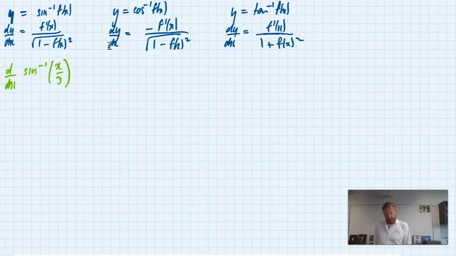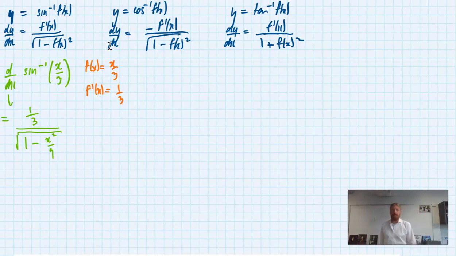Using that one up ahead, I know that f of x equals x on 3, so f dash x equals a third. Now I can use that, and this derivative equals f dash x, which is a third, on square root of 1 minus x squared on 9, that function squared.